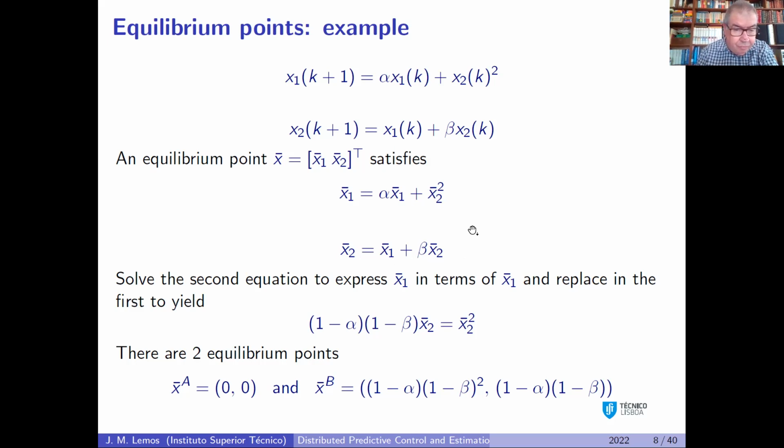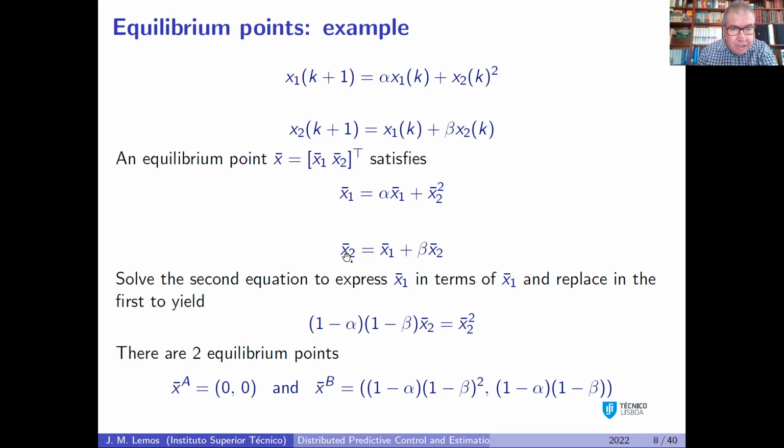And you get this equation for x2 bar. It's a second order algebraic equation that you can solve. Of course, one of the solutions is x2 bar equal to 0. And if x2 bar is equal to 0, you look at the second equation.